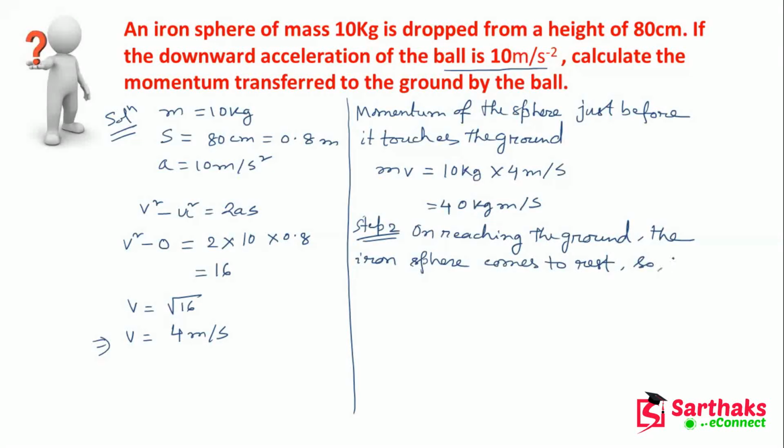So its final momentum is 0. According to the law of conservation of momentum, the momentum transferred to the ground equals the momentum of the sphere just before it comes to rest. That means 40 kg meter per second. It is the momentum just before touching the ground.